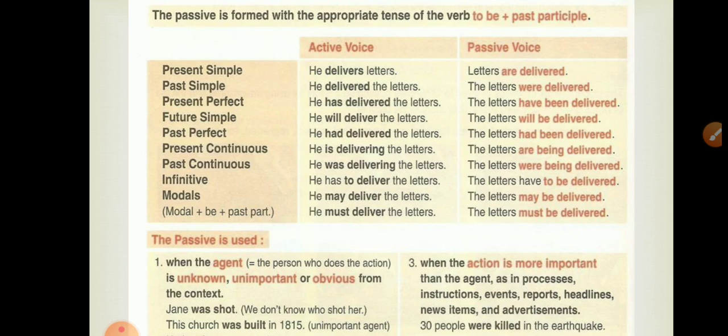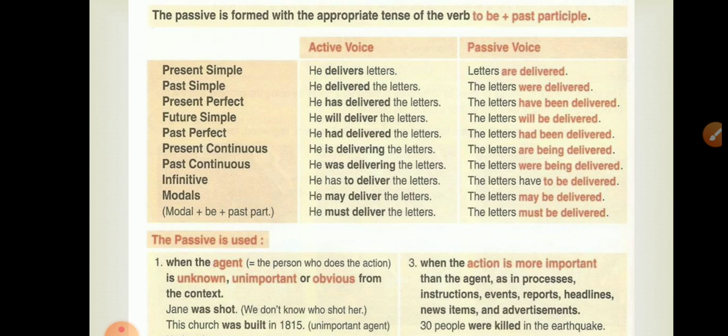So that time no need to write about that unknown person. The church was built in 1815. Now unimportant agent. Who has built it, that we do not know.